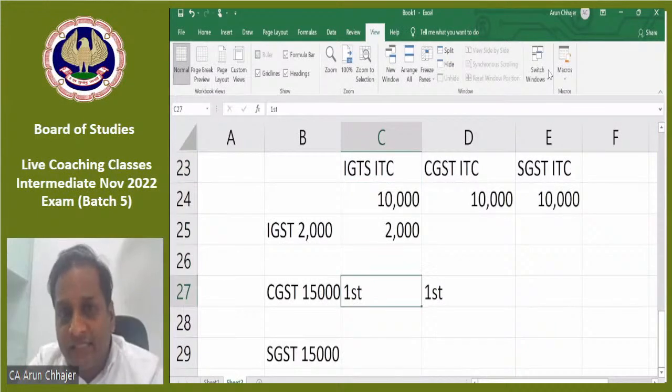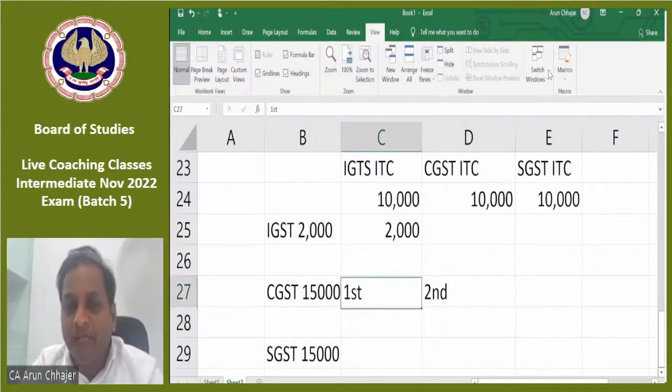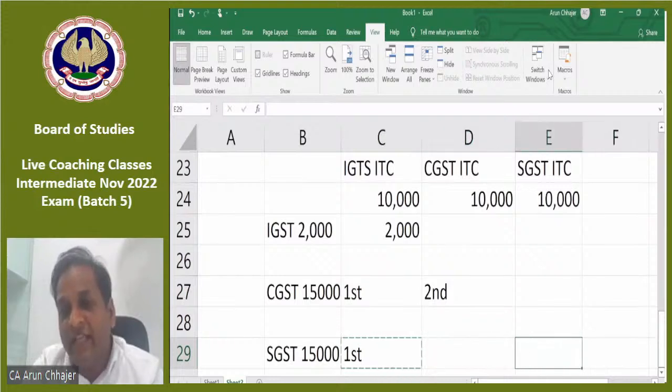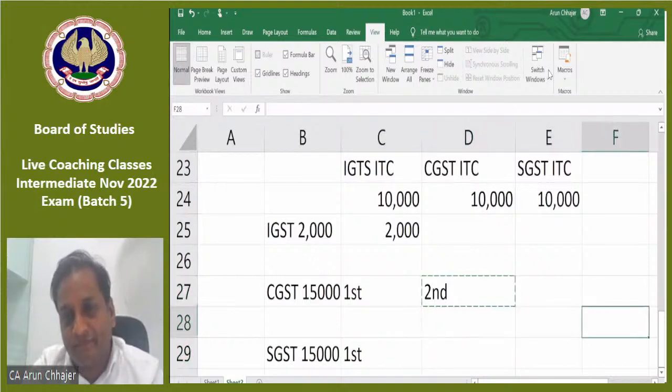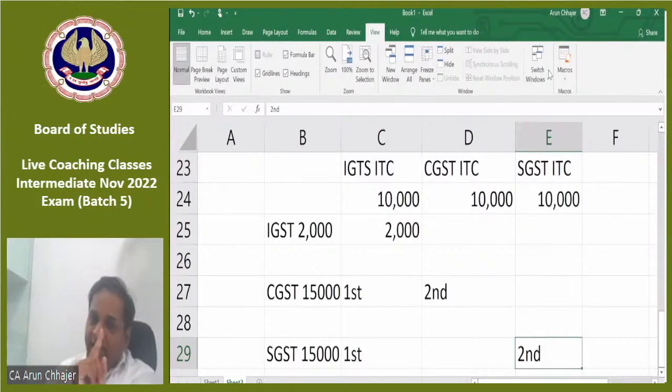Then when CGST needs the amount, first they will take from IGST, then from CGST. Similarly, for SGST, they will take first from IGST, then from SGST. Repeating once again, Section 49A says if CGST needs some amount, they will take from CGST, but only after IGST becomes 0.